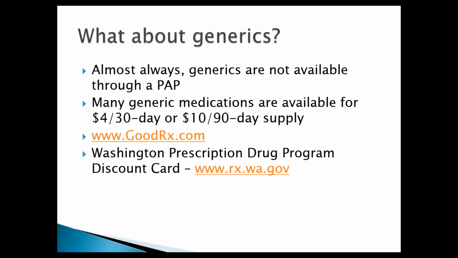But there are instances where you'll find a specific generic medication is like a tier 3 or tier 4 medication. And it might be cheaper to have the patient not use the insurance for that medication. There's a lot of generic medications that are available for, like, $4 for a 30-day or $10 for a 90-day supply at Target and Walmart.